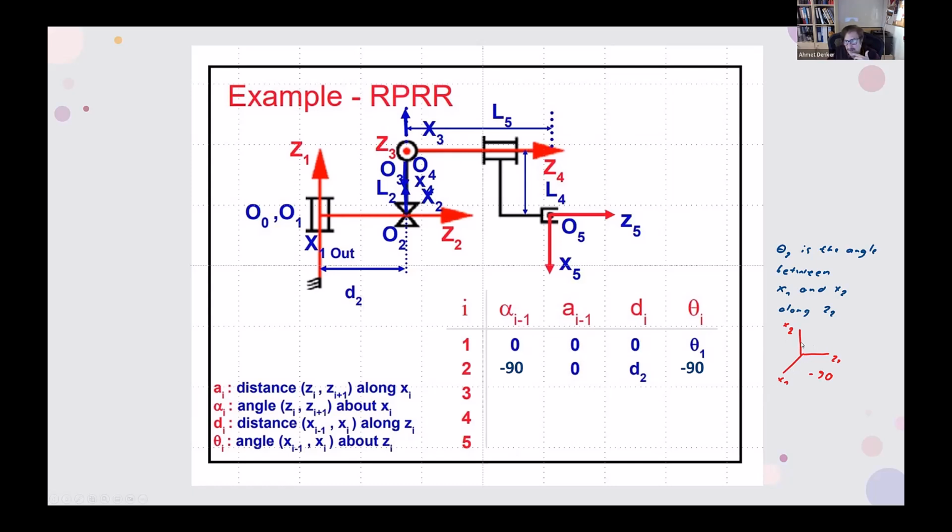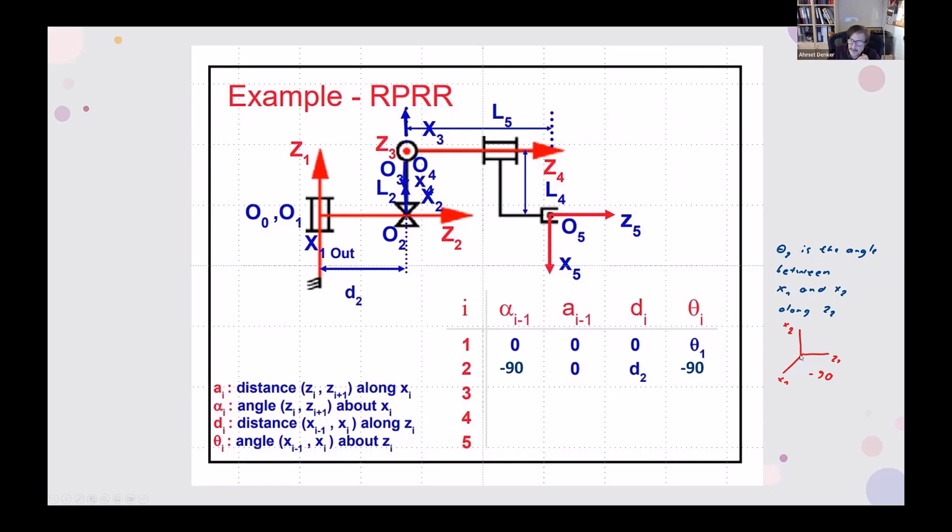And about z2. So z2 is this. So if I close x1 over x2, that means I put my right hand so that my fingers go from x1 to x2.